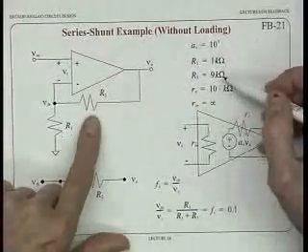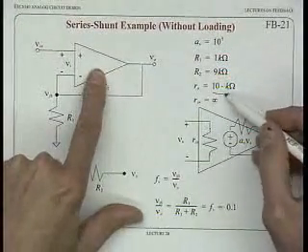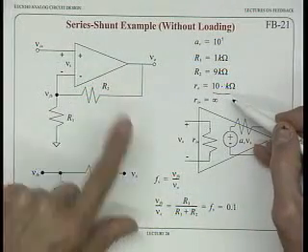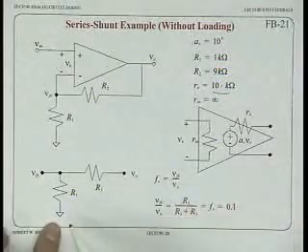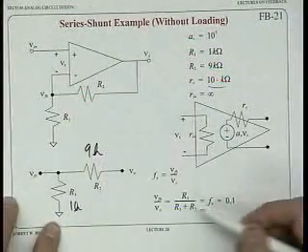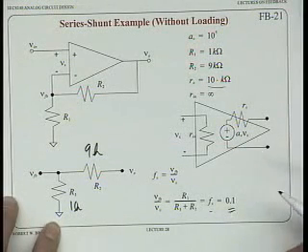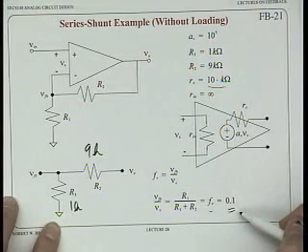Let's let R2 be 9 k ohms. Let R0, the output resistance of this, be 10 k ohms. The feedback factor of this thing, we just calculated that before: if R1 is 1 k and this is 9 k, the feedback factor is 1 k over 9 plus 1 k, so it's 0.1.